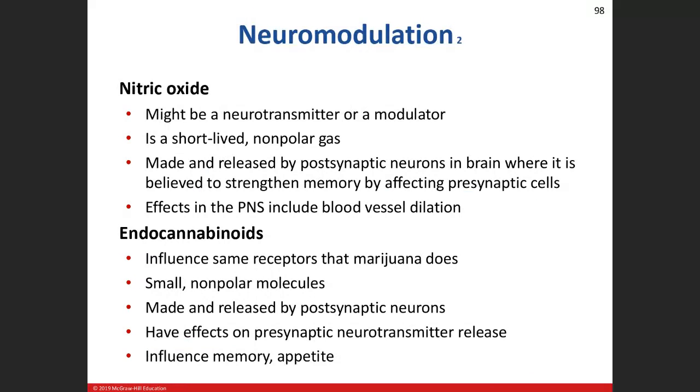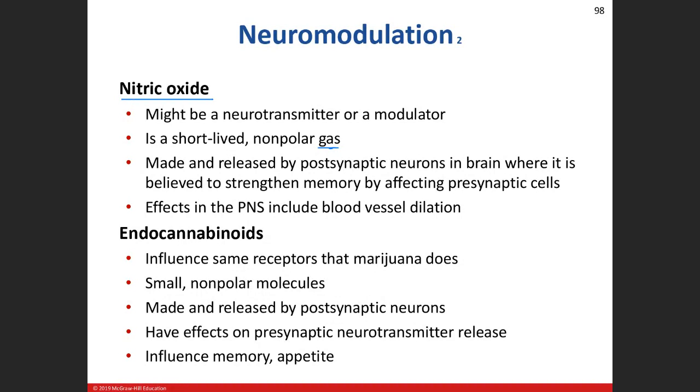So last slide here, when we're talking about neuromodulation, are you folks familiar with nitric oxide? I'm sure you're probably familiar with the gas portion of it when you go to the dentist. If you've ever gone to a Grateful Dead concert, there's people walking around with balloons sucking on this stuff.